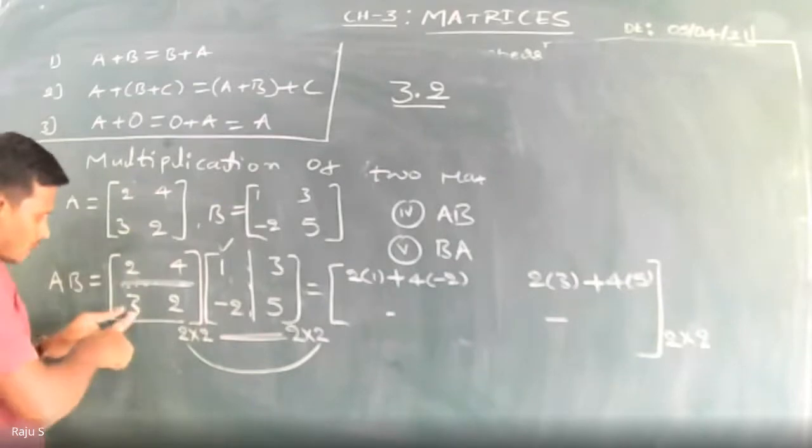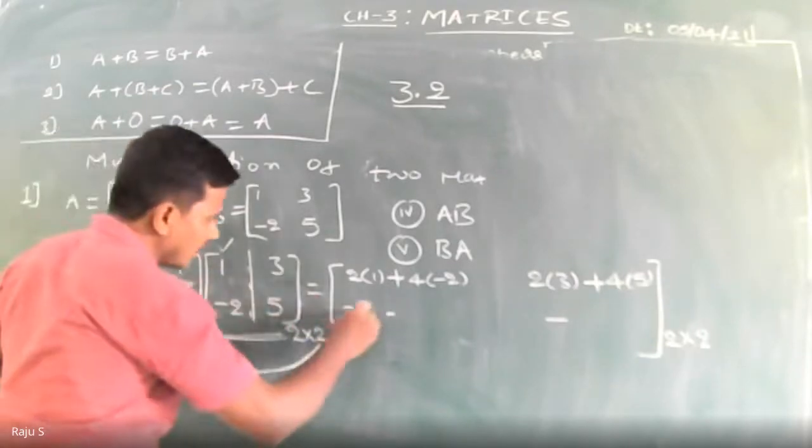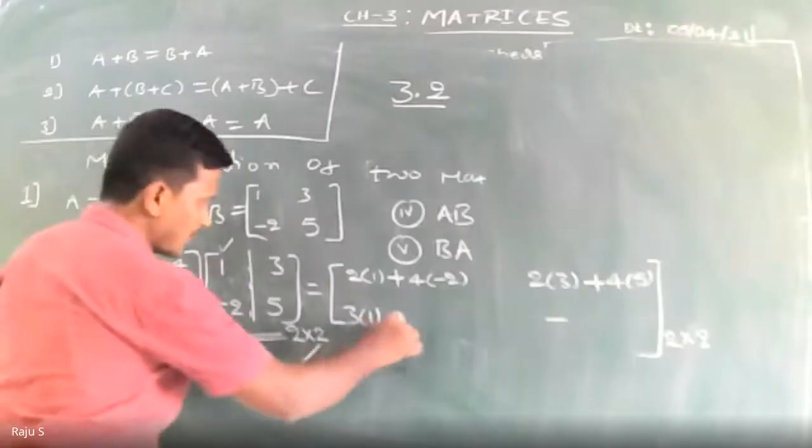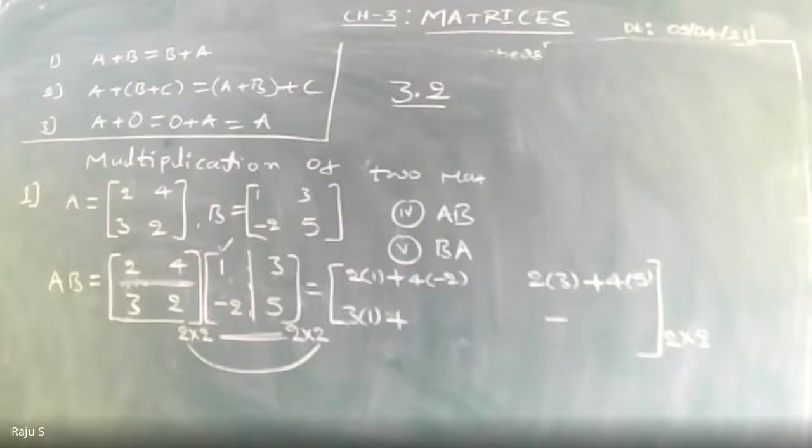Now 3 into 1. Sir, for multiplication, does the number of rows and columns have to be the same in both matrices?